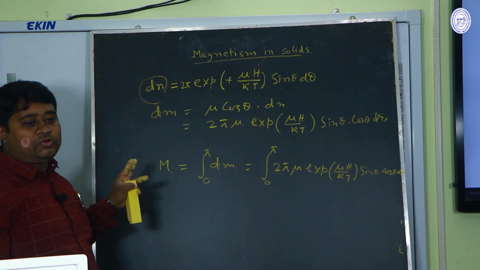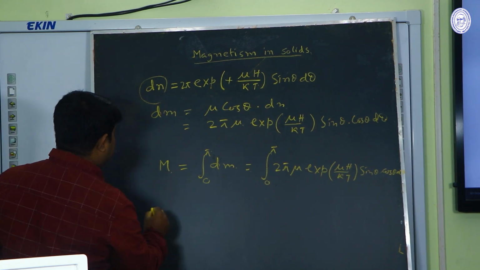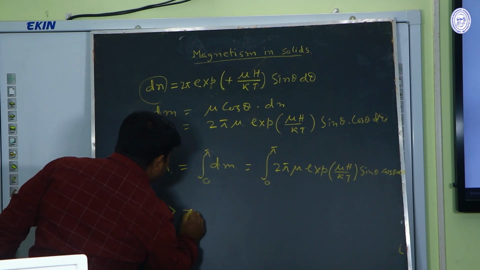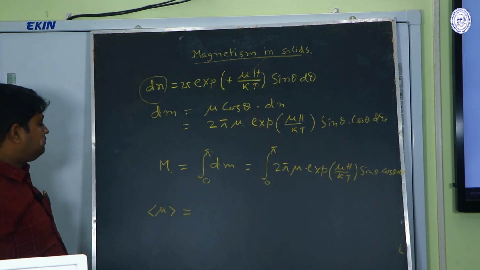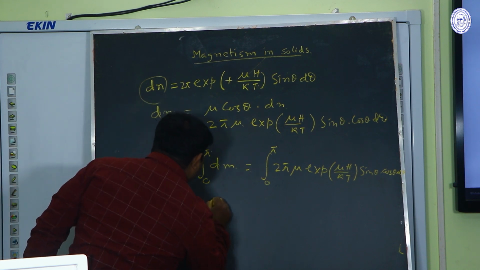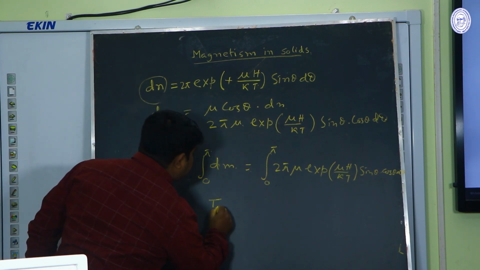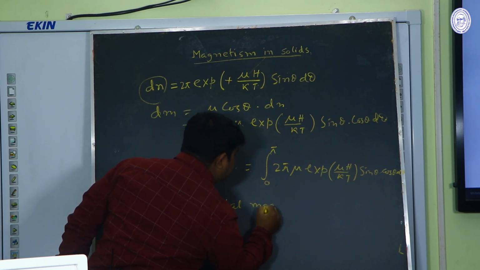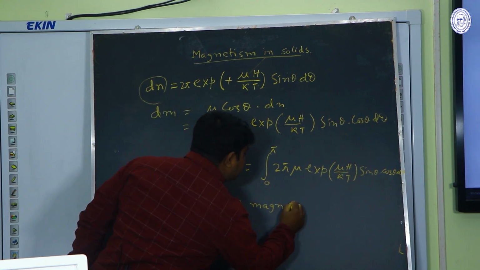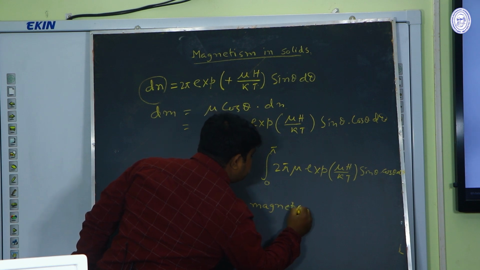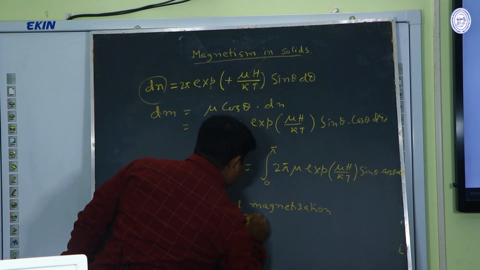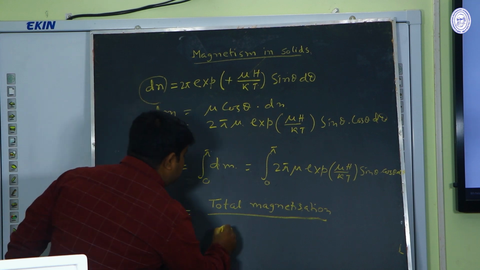So the average contribution of each dipole can be expressed as mu average. This is equal to the total magnetization divided by the total number of dipoles.